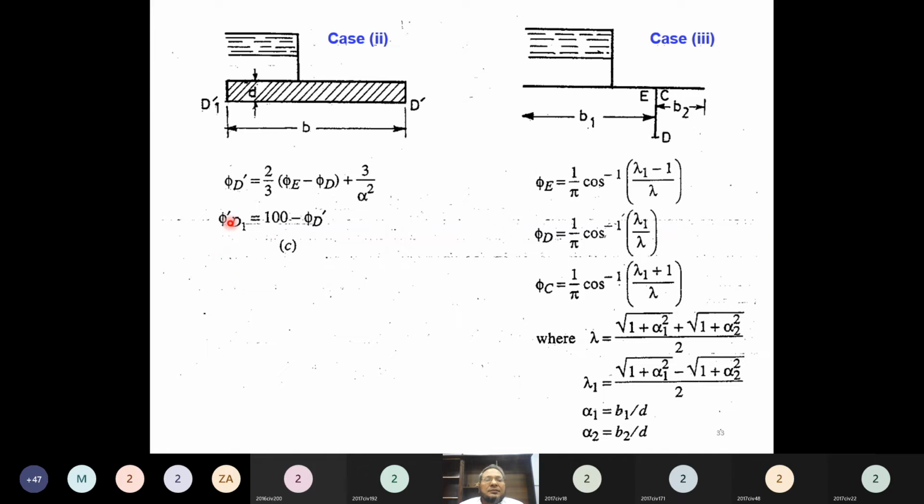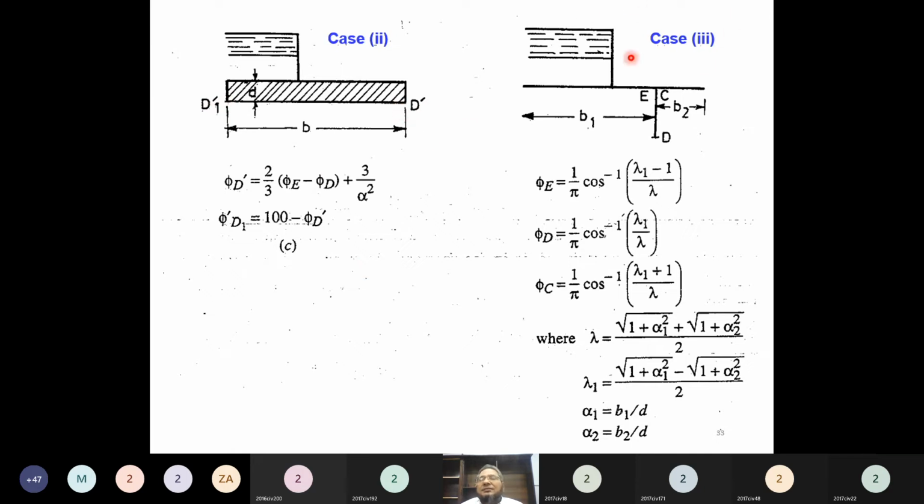And phi d1 is equal to phi d1 dash, that is 100 minus phi d dash. So this is the relationship between these pressures at point d1 dash and d dash.